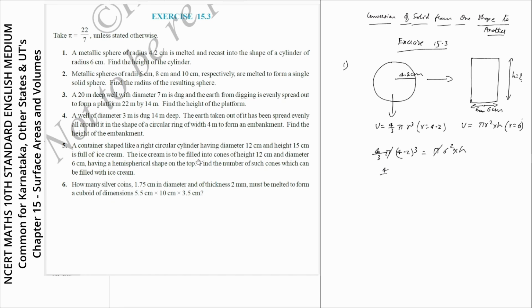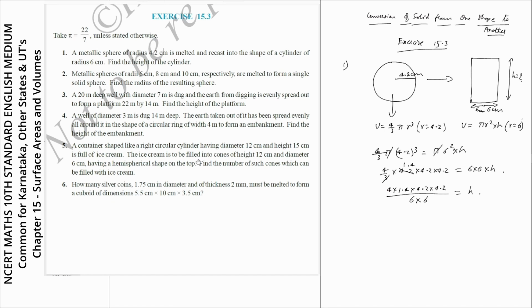I will be left with 4 by 3 into 4.2 into 4.2 into 4.2 is equal to 6 into 6 into h. Now 3 ones are 3, 3 ones are 3, 3 fours are 12. So I am left with 4 into 1.4 into 4.2 into 4.2. If I cross multiply, 6 into 6 will come to the denominator, is equal to h.